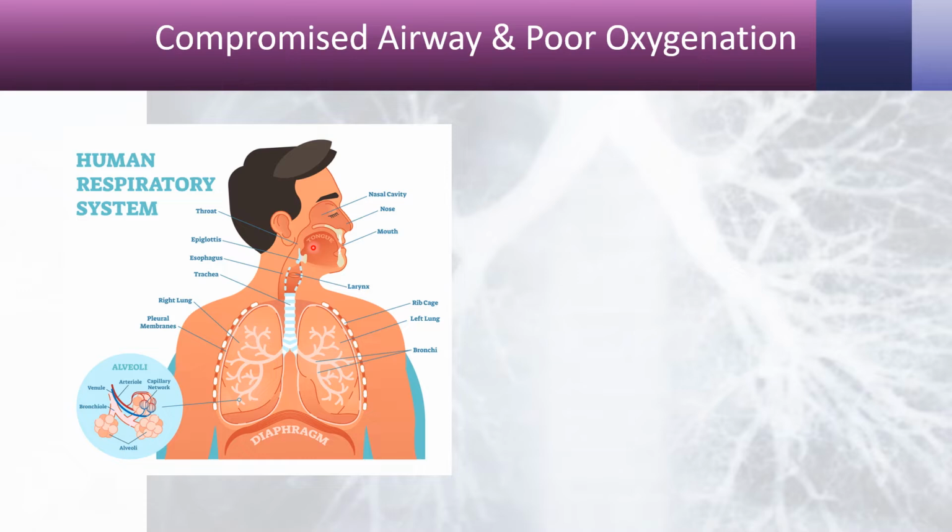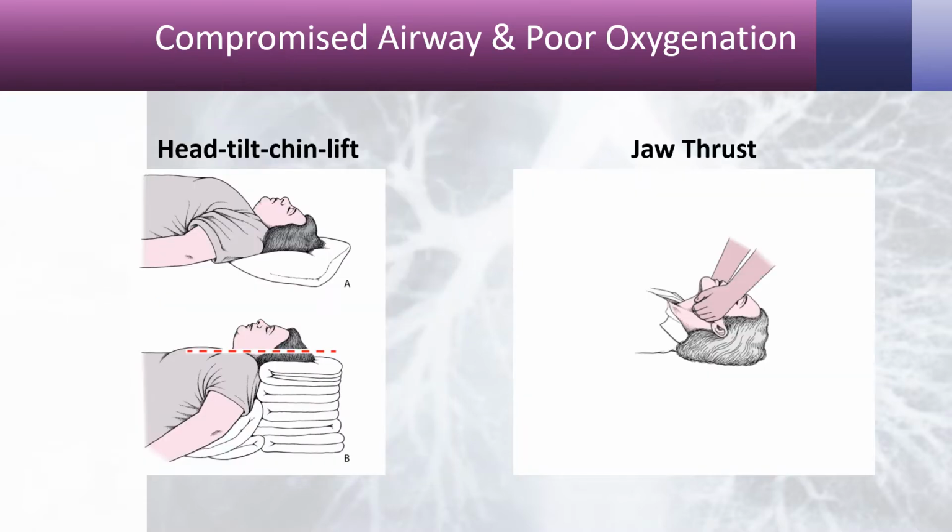The external air will go into the lungs, and the O2 and CO2 exchange will happen in the alveoli, and the CO2 that we don't need will come out to the external environment. But if your patient has a compromised airway and poor oxygenation, we have to do some maneuvers to open the airway.